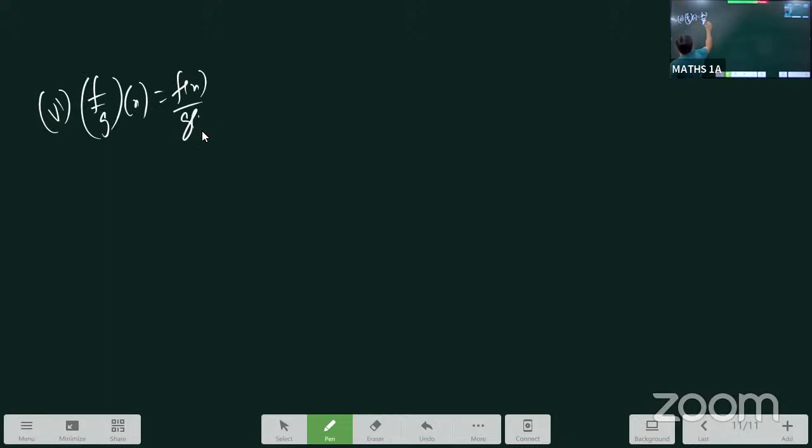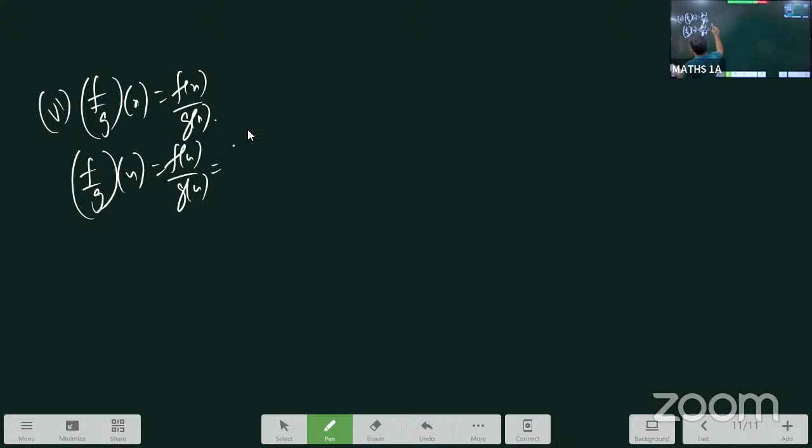Next, f by g. The definition is f by g of x is f of x by g of x. So f by g of 4 is f of 4 by g of 4. What is f of 4? Your f of 4 is 5. What is g of 4? Minus 4.